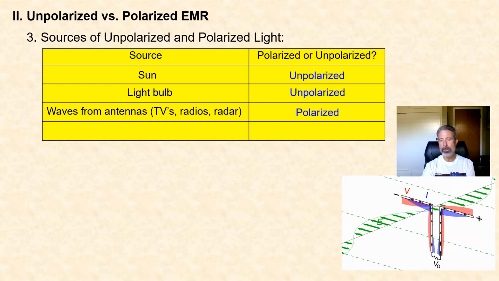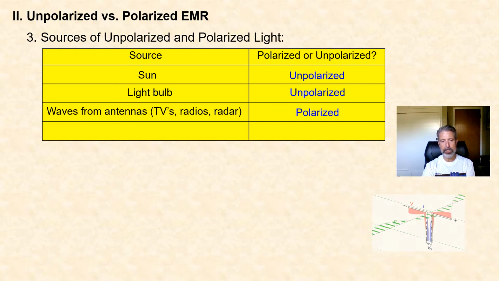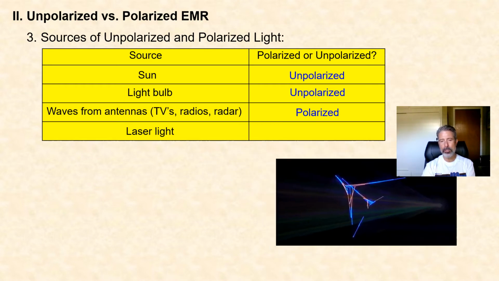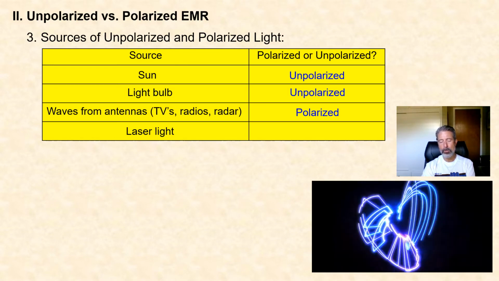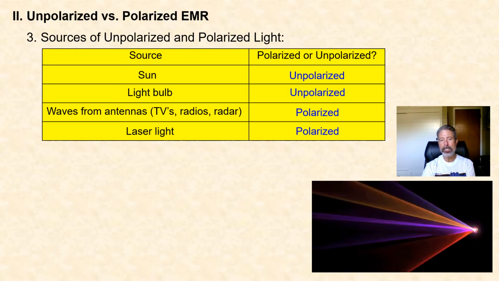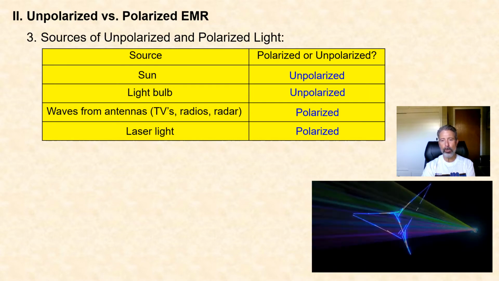So this is an example of polarized light. And it turns out that laser light, and we'll take a look at this in one of our demonstrations, light emitted from a laser, which we know is monochromatic and coherent, it too turns out to be polarized.